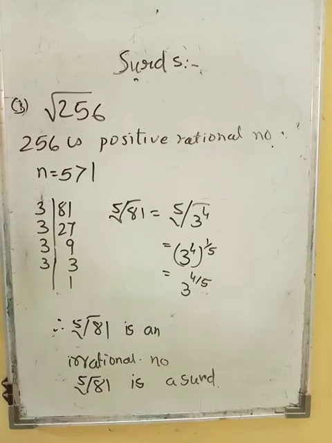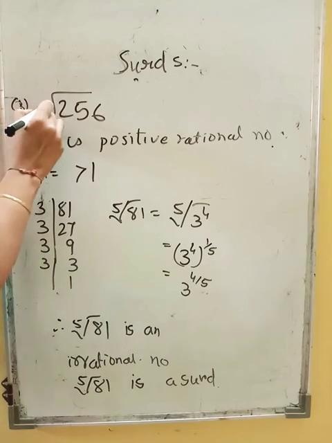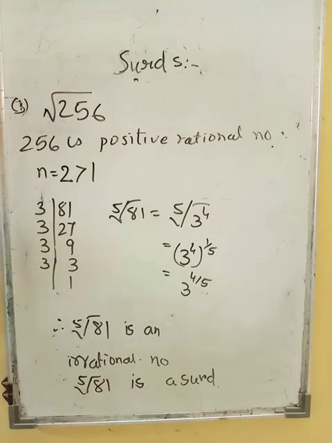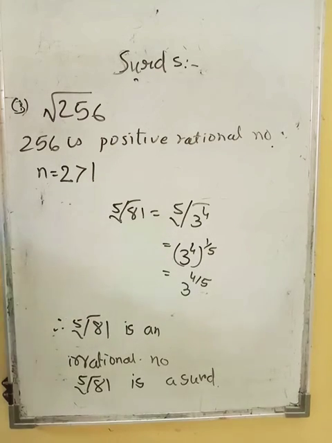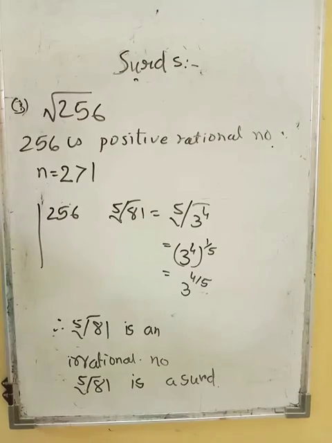256 is a positive rational number. Now what will you take n as here? Nothing is there. That means what? It is a square root now. So we will write down n is equal to 2, which is greater than 1. Now children, factorize 256. You have to factorize 256, children.